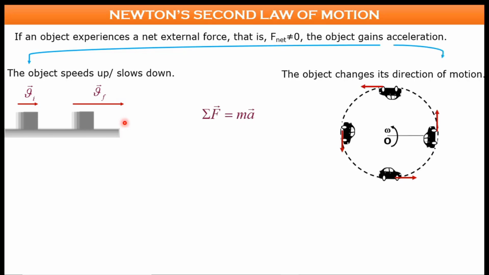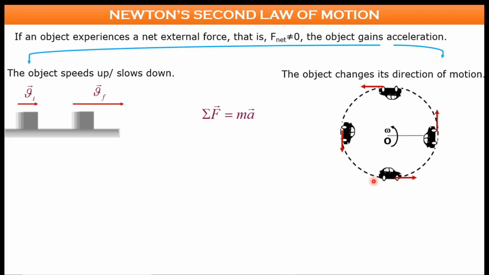But the second thing we already learned is that the object can change its direction of motion. If the direction of motion is changing, there must also be some net force acting on this object. And we define that force as what? For this car, centripetal force. This car is changing direction by some force.